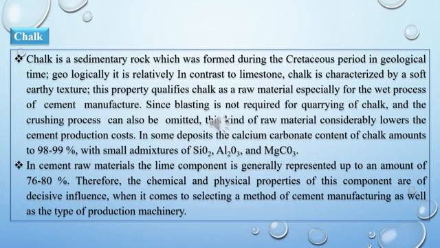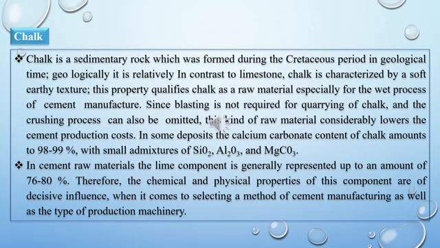Students, listen carefully. In the previous slide, we have discussed that chalk is not a hard raw material. Because chalk is not a hard raw material, digging and blasting are not necessary here. Because this is not necessary, the cement production cost will decrease.